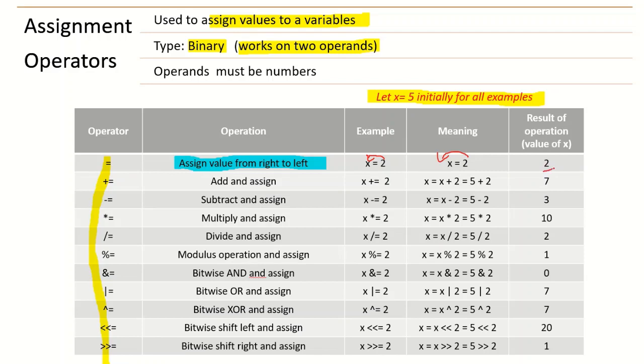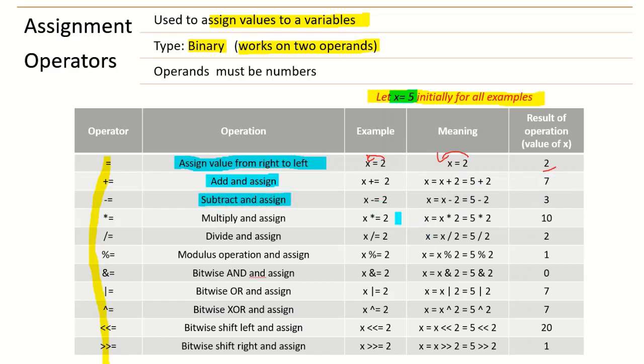It returns the result, that is assigned value equal to 2. Next is plus equal to, which is add and assign. X plus equal to 2, the meaning is x is equal to x plus 2. So the initial value we are assuming as 5, so it is equal to 5 plus 2, the result 7.